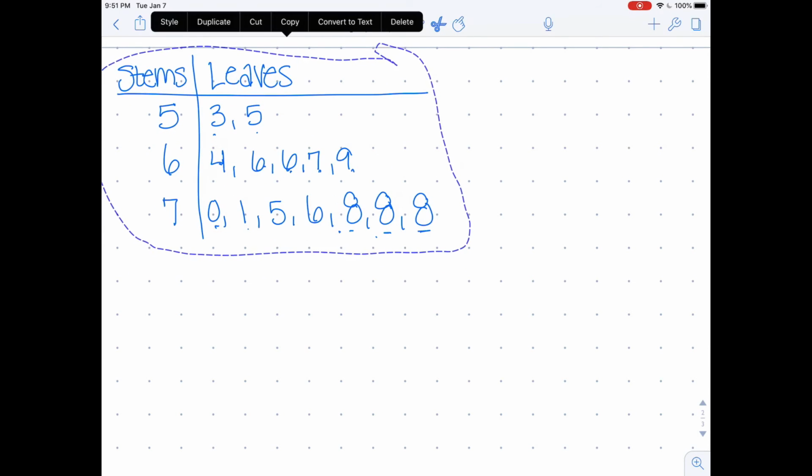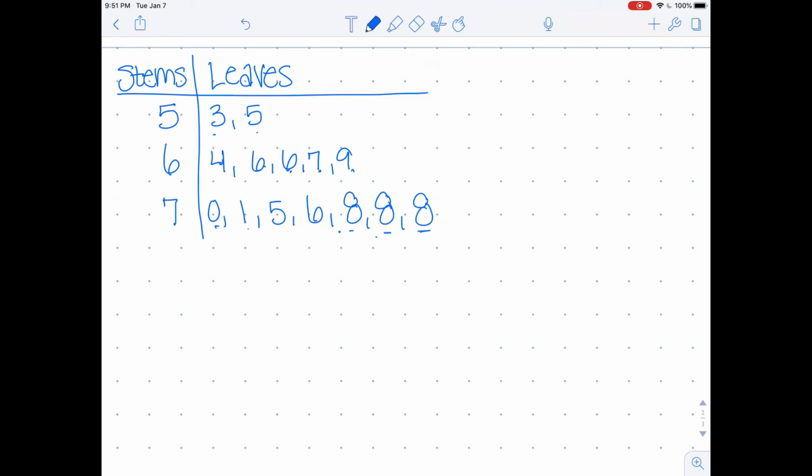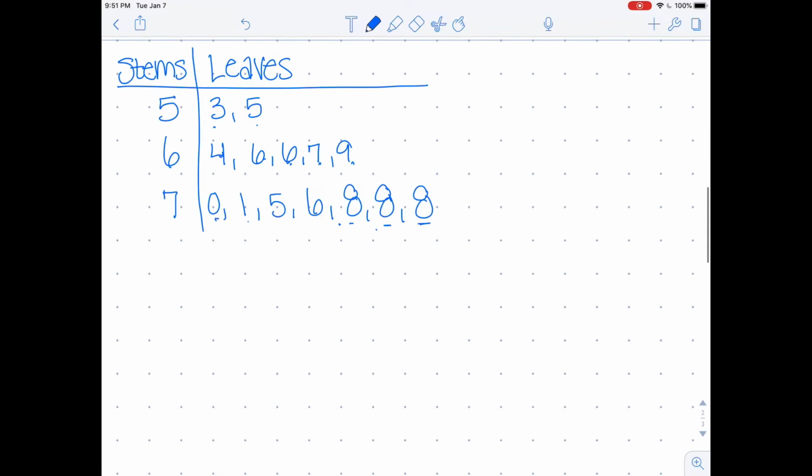So here's our stem and leaf plot. Now we're going to make a histogram. A histogram shows the number of times something happens the same as a stem and leaf plot, but now we're going to do it in a more visual form. So all of our temperatures are between 50 and 80, because the highest is more than 70 degrees. So I'm going to make a table.